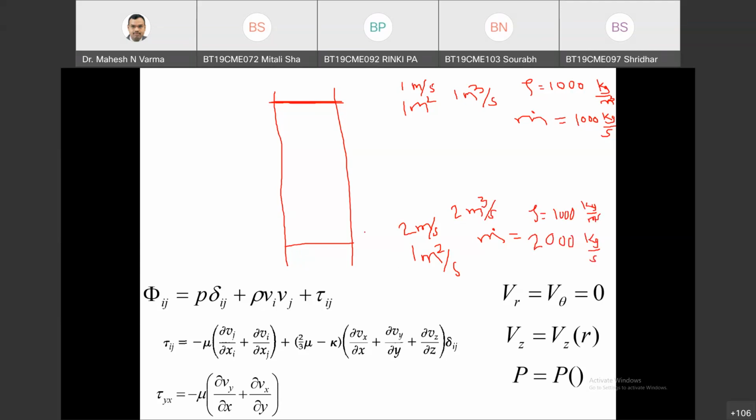Sir, right now twice the amount is passing through that cross-sectional area. But from where is this 1000 kg? So mass balance. This is a closed boundary. So if 1000 kg per second is coming from here, from here also it should be 1000 kg per second.